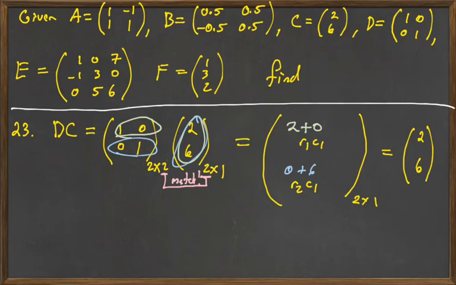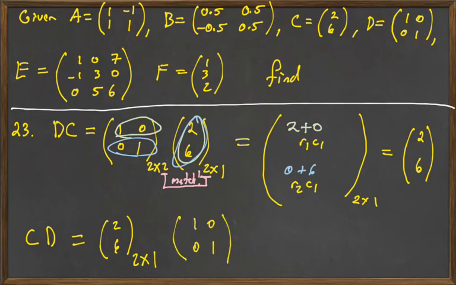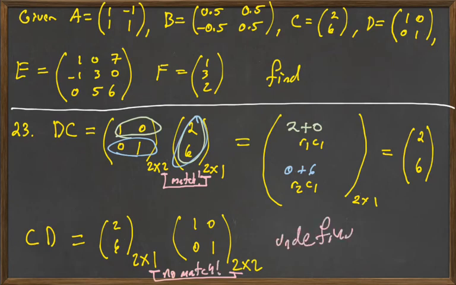One thing we'll mention since we're here, C times D would be 2, 6, and that's a 2 by 1 matrix, and matrix D, 1, 0, 0, 1, is a 2 by 2, and if we check columns and rows, this is a no match. So that is undefined. And so that tells us that DC is not equal to CD, because one of them is not even valid.